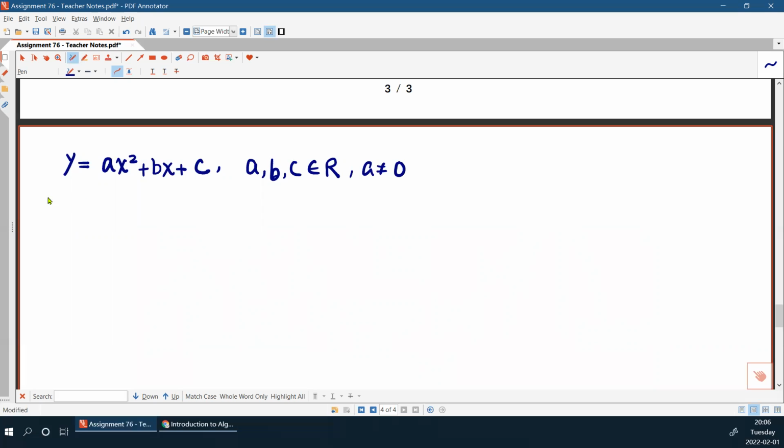And this is apparently a quadratic function, right? And this form is also called the general form. If I give you the function like this, can you tell me what are the coordinates of the vertex? Is it possible?